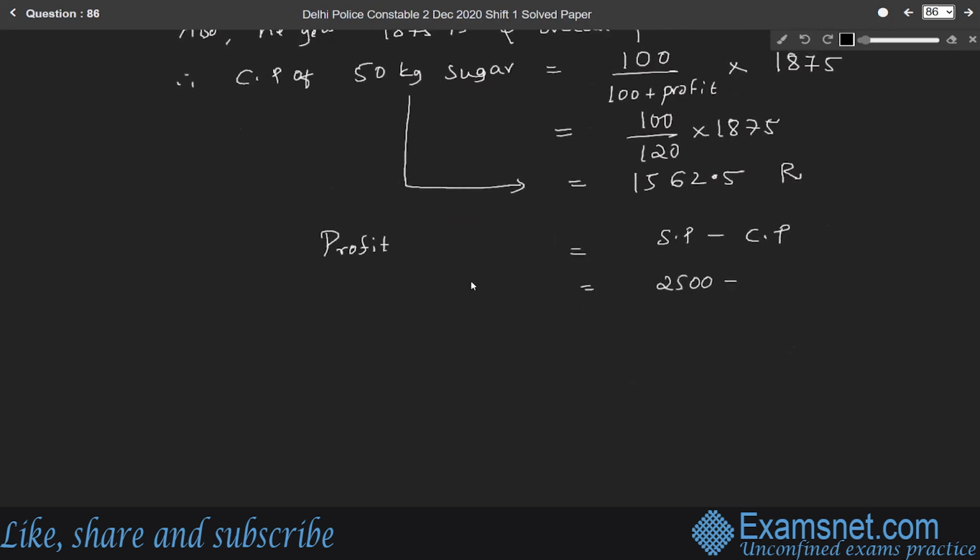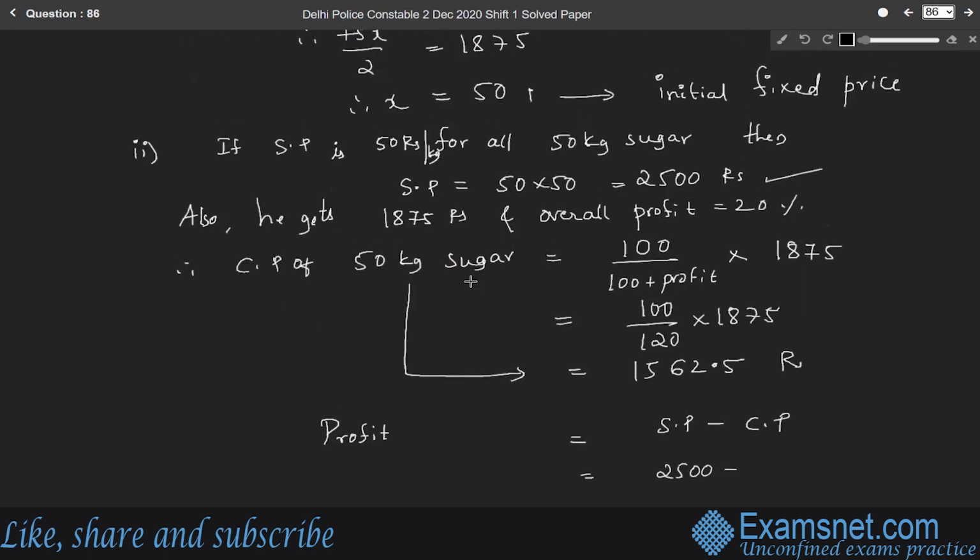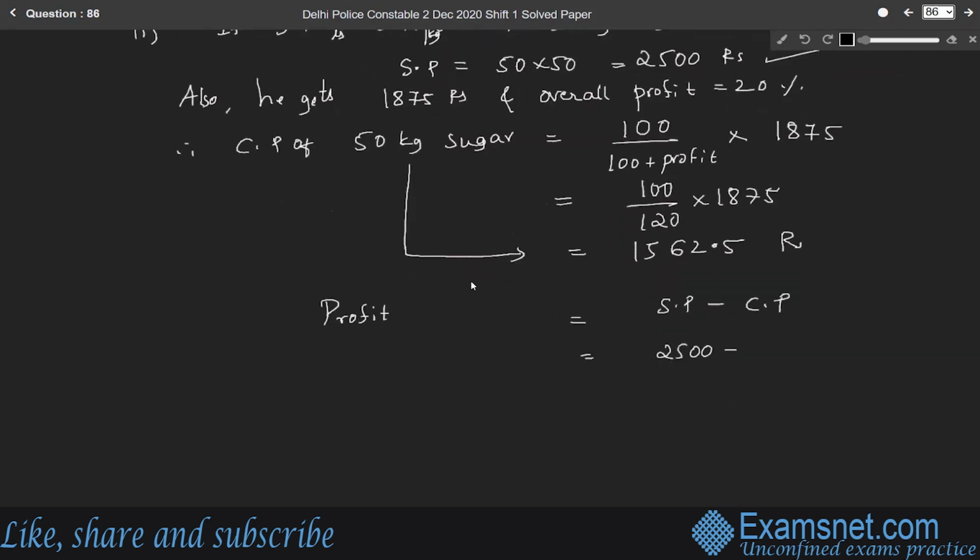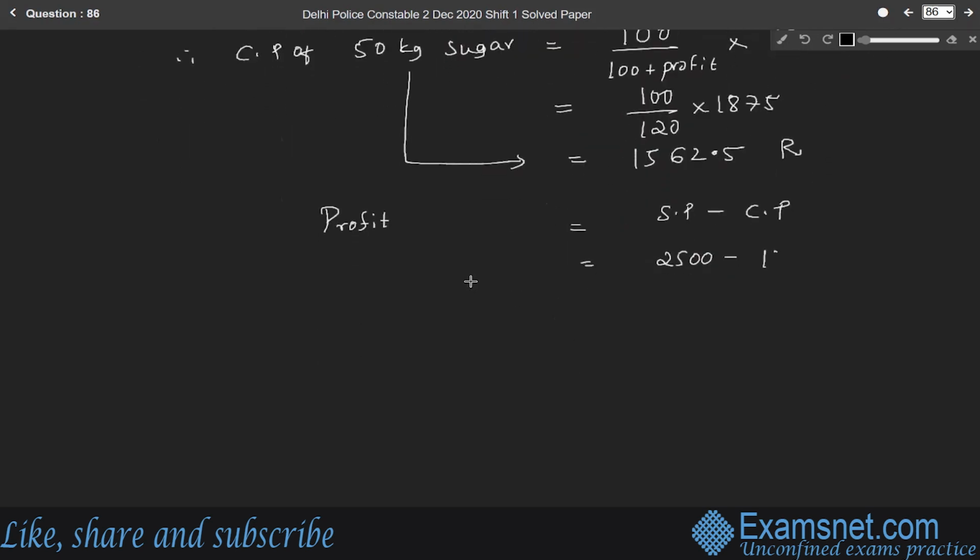Already we have calculated here selling price of 50 kg minus cost price is 1,562.5, which is equal to 937.5 rupees. Profit becomes 937.5 rupees.